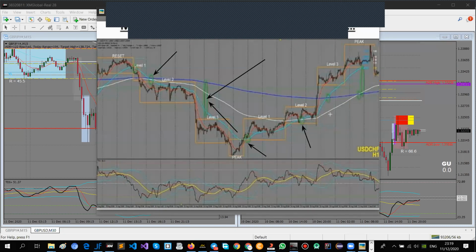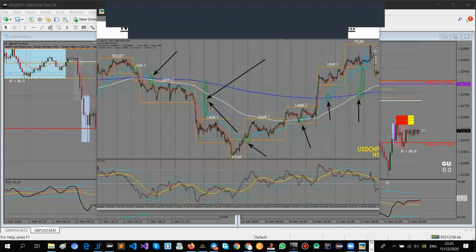Firstly, we have this beautiful crossover here. That's the 50 and 100 cross. It indicates that we're in level 3. We mentioned it. Then there's this crossover here, which we did mention.